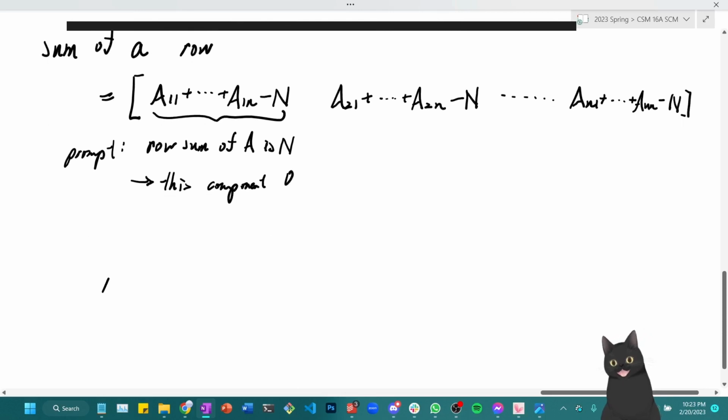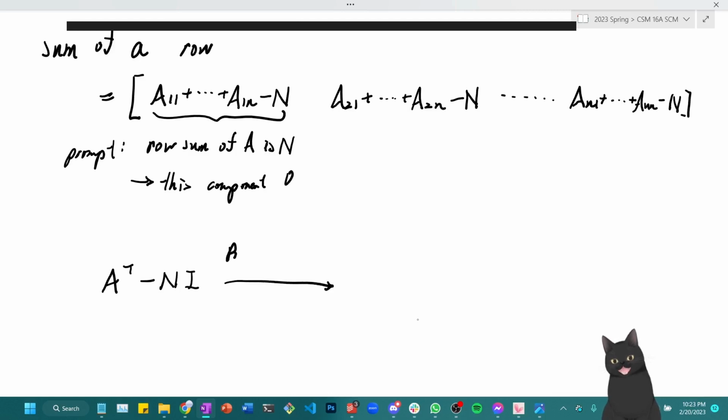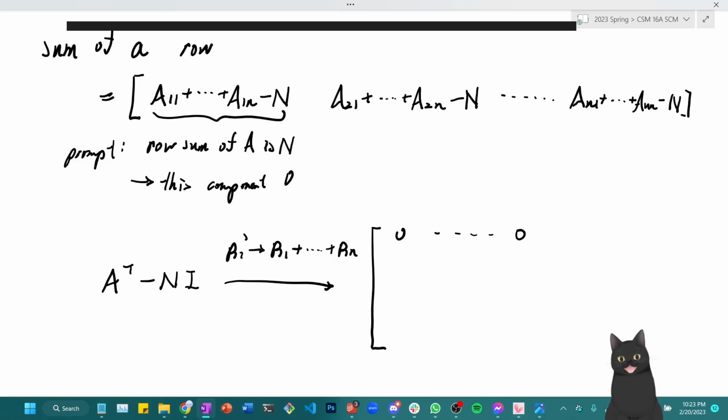So if I perform a row operation where R1 now becomes R1 plus ... plus Rn, then I will end up with a matrix that looks like this, where it has a row of 0, and it has the rest of the rows being normal.